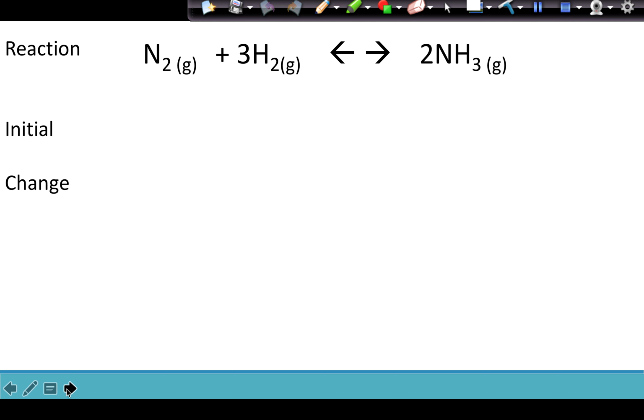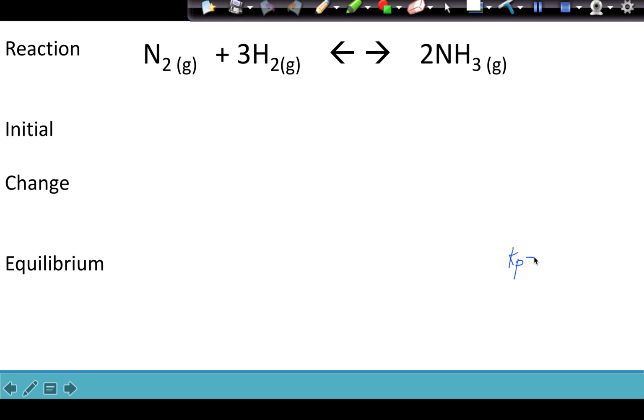You're going to set up your RICE chart, and you are going to fill in any of the information that was given, as well as make sure that you write out your Kp expression. So I'm going to do my Kp expression over here.